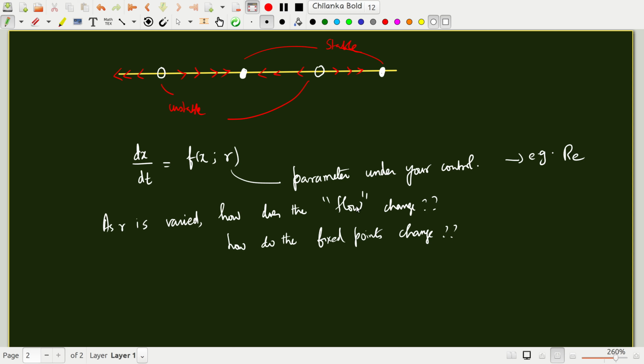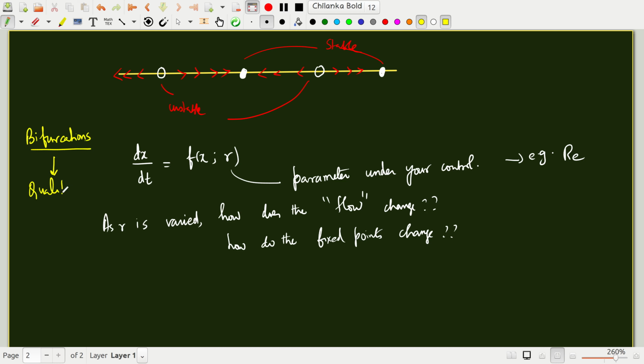This subject, which deals with qualitative changes in the dynamics of a dynamical system as a parameter is varied, is called bifurcation. Bifurcations are qualitative changes in the dynamics.